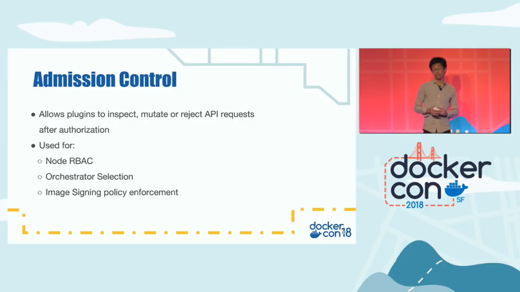The way we enforce this in Kubernetes is when a pod is being created, we have an admission controller which will make a request back to UCP saying, for instance, Bob is trying to make a pod. Which nodes does he have access to? UCP will respond with the set of nodes that Bob has access to. And then the admission controller will automatically add node selectors to that pod so that the pod will only be scheduled on those nodes.